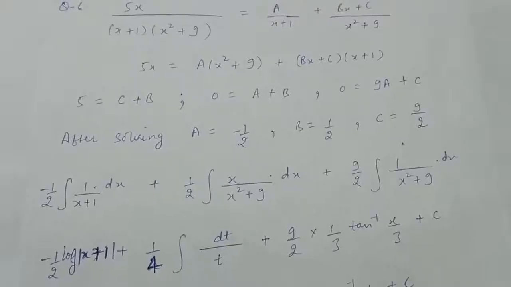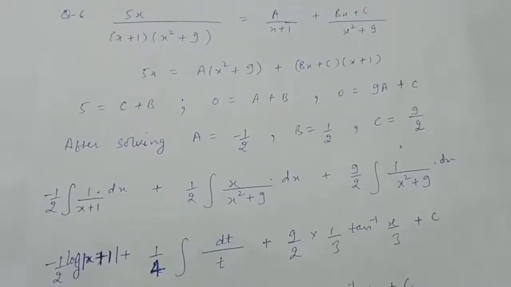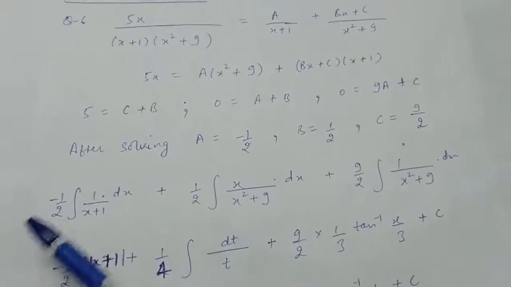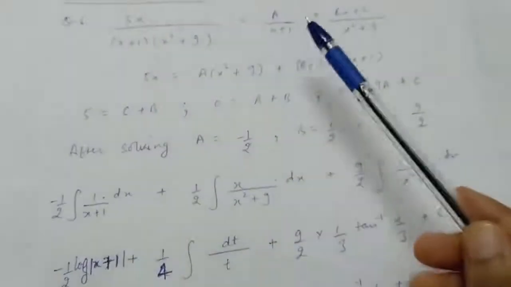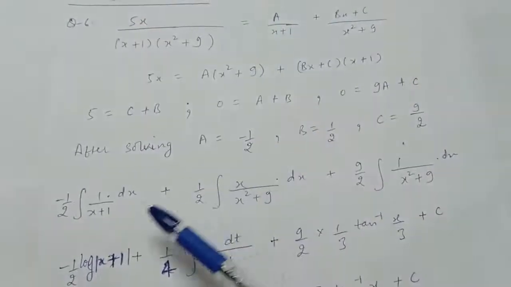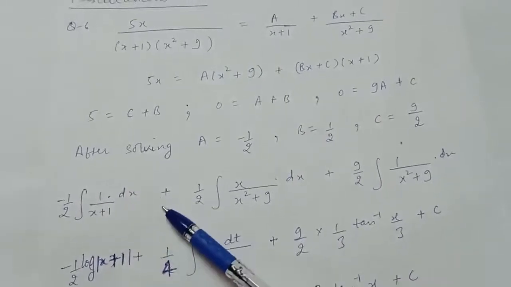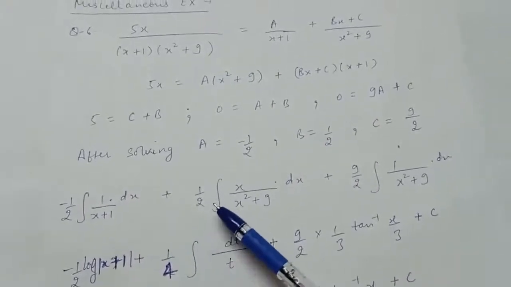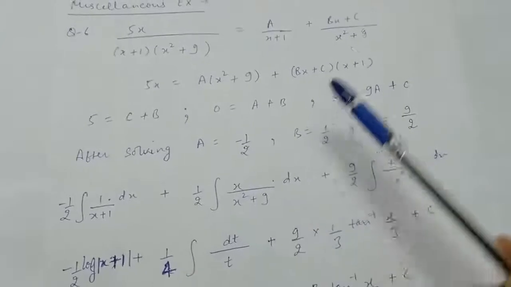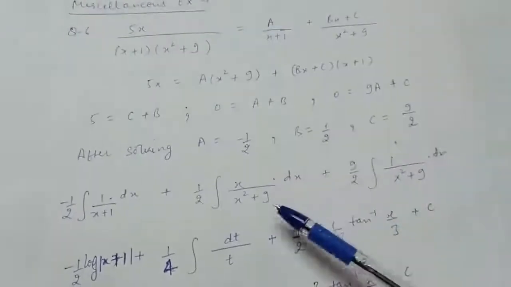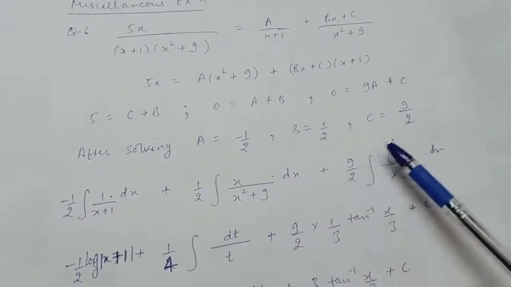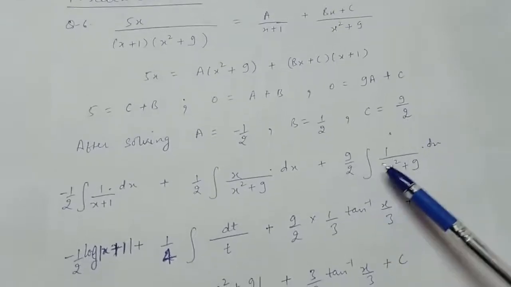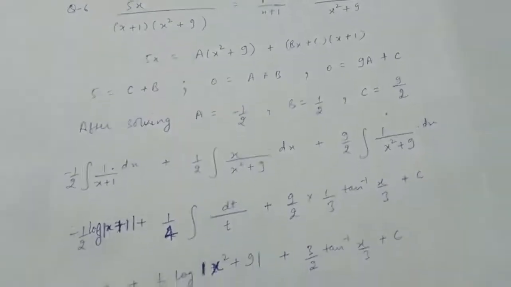So the integral of the given function will now be equal to minus 1 by 2 in place of A upon x plus 1 plus in place of B 1 by 2 integral of x upon x square plus 9 plus in place of C write down 9 by 2 integral of 1 upon x square plus 9.